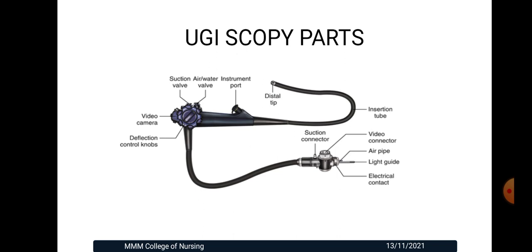UGI parts, we'll see one by one: video camera, deflection control knobs, suction valve, air water valve, instrument port, distal tip, suction connector, insertion tube, video connector, air pipe, light guide, electrical contact. These are the parts of endoscopy.